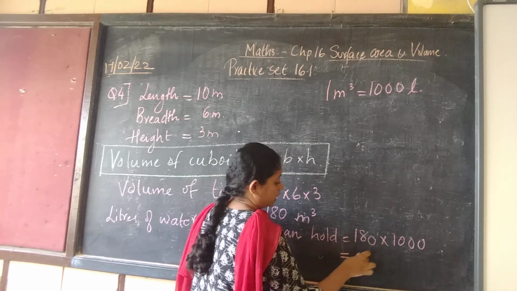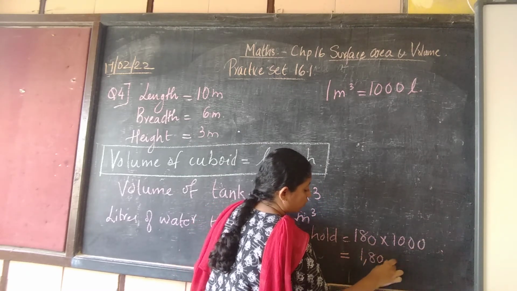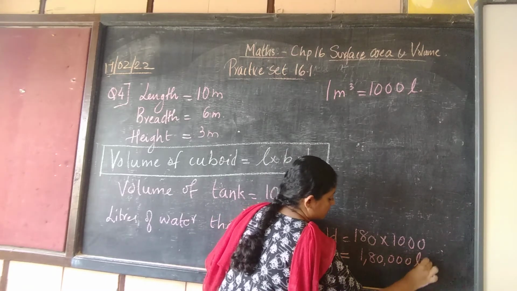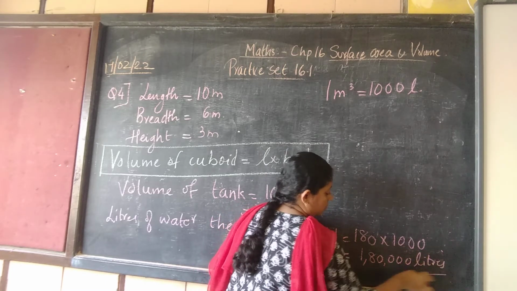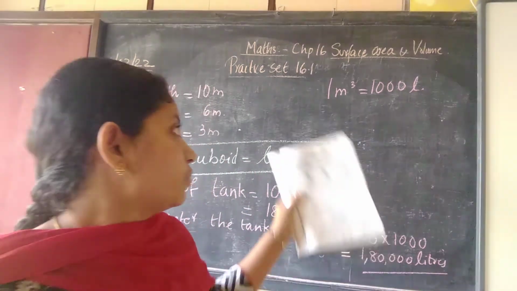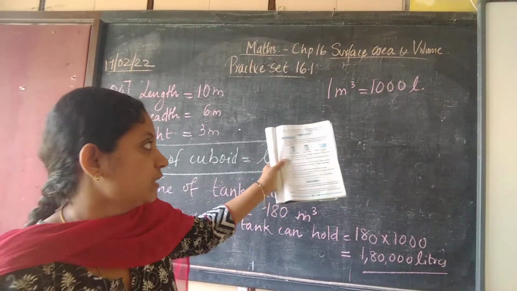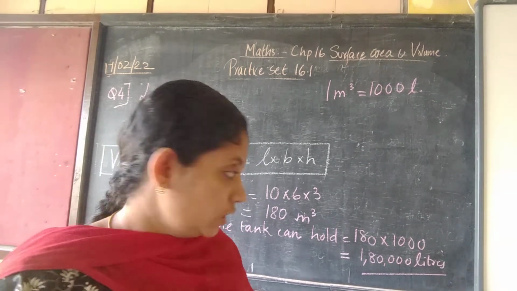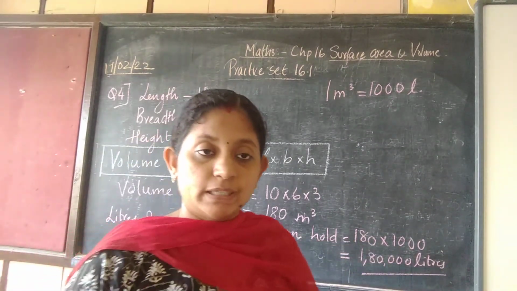So it is nothing but 1,80,000 liters. So this is how you are going to solve. 1 meter cube is equal to 1000 liters of water, so you multiply and you will get the answer.